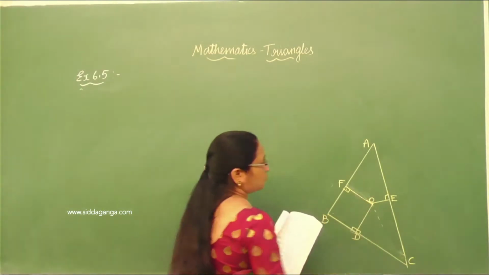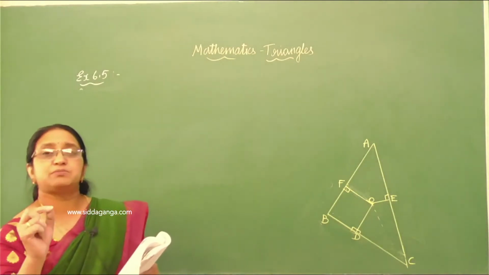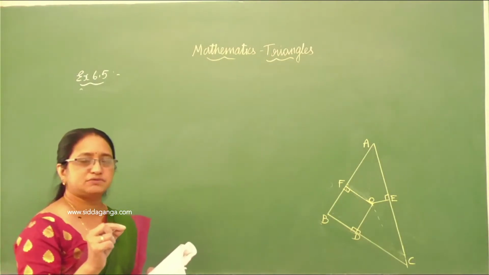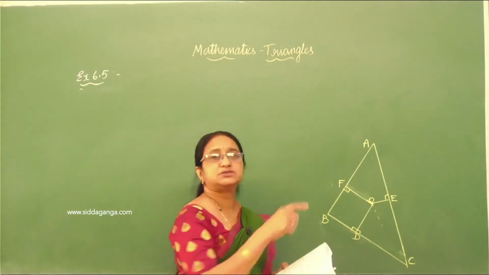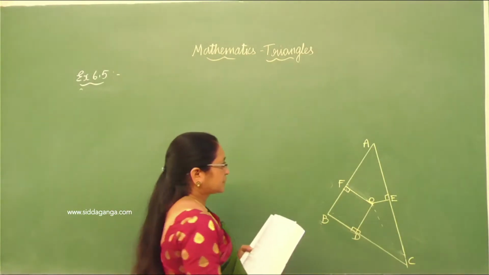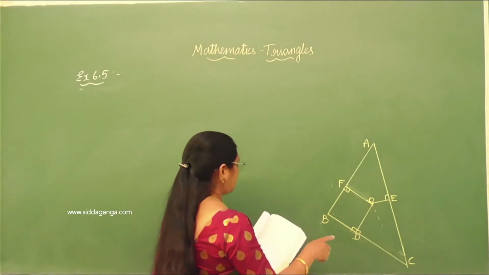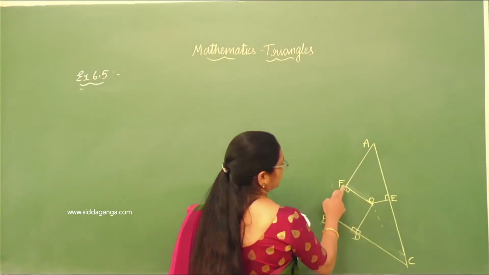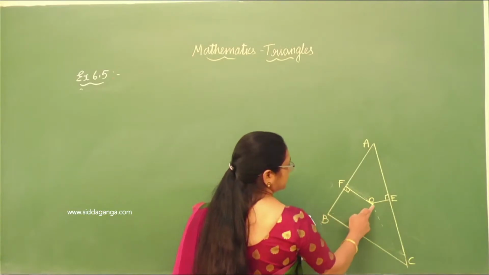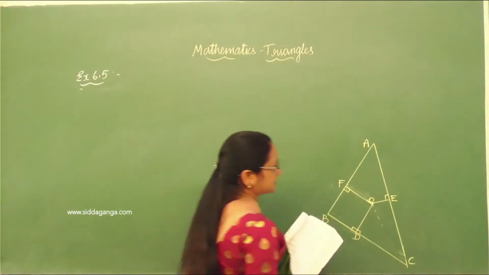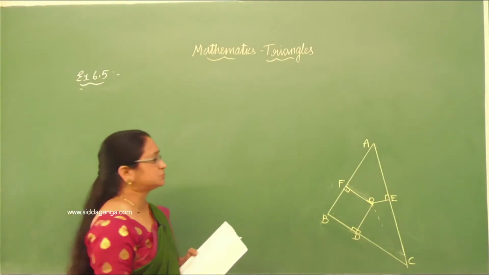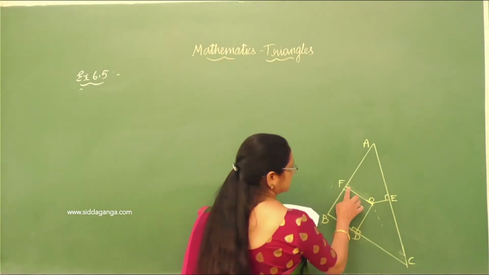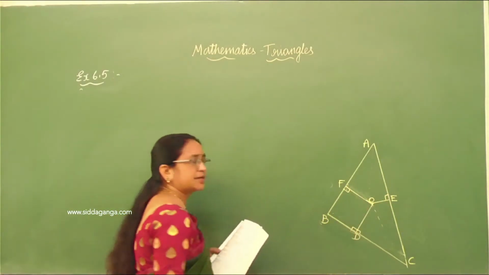All these are perpendicular. See here, OD is perpendicular to BC, same way OF is perpendicular to AB, OE is perpendicular to AC. Perpendicular means, you know the meaning, 90-degree angle. All these angles are 90 degrees.